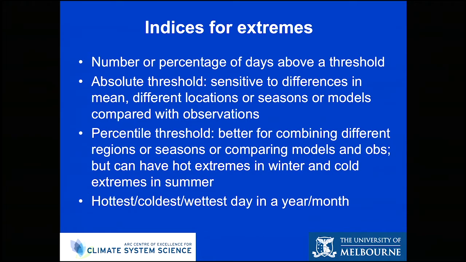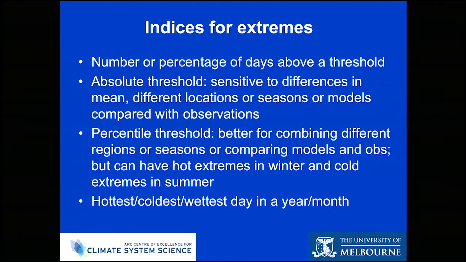So if you want to compare extremes between reanalyses and observations or models and observations, percentile-based indices have any potential bias between models and observations removed. That isn't the case with absolute thresholds.